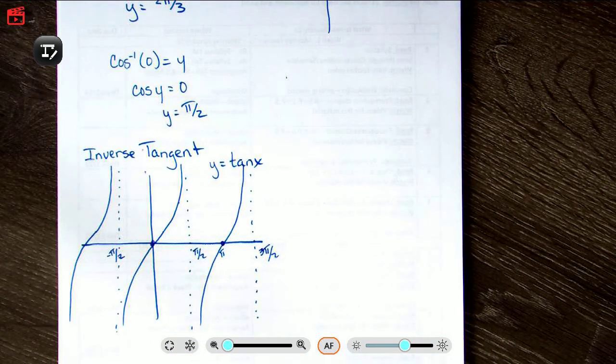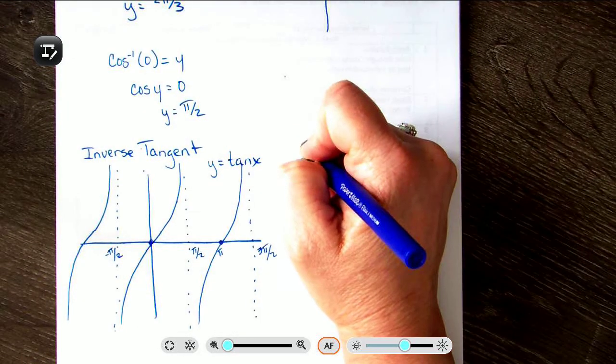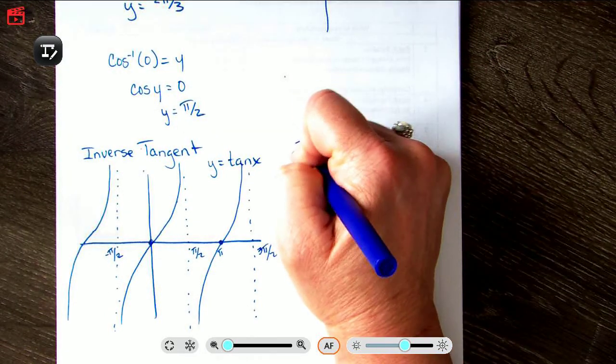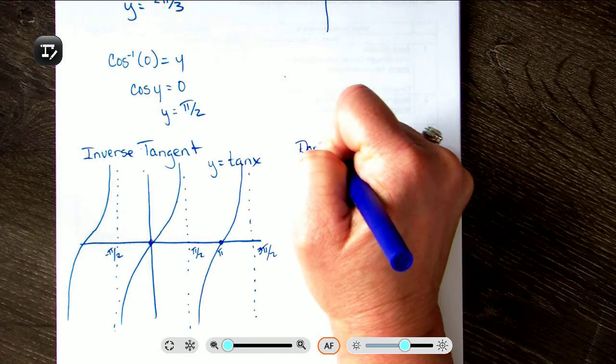Okay, and so again, as we've done in the past, we need to restrict our domain. So the regular tangent function has, for a domain, it's kind of hard to write.